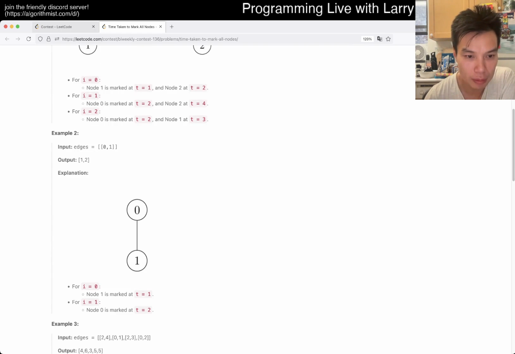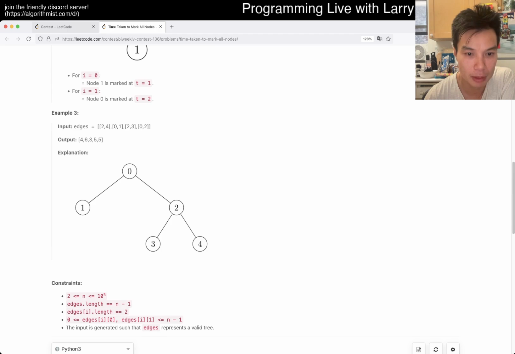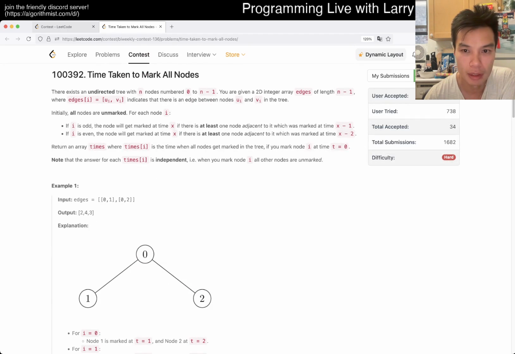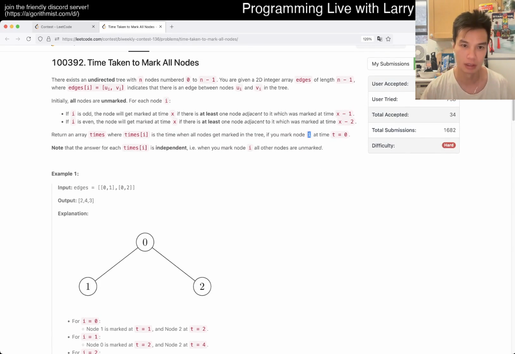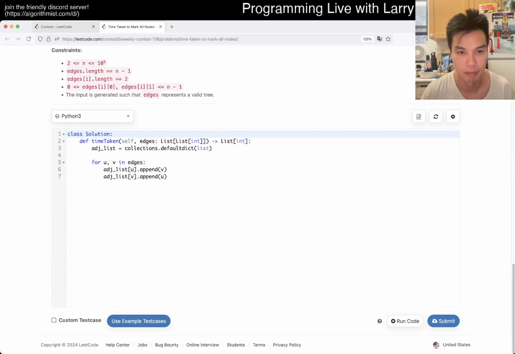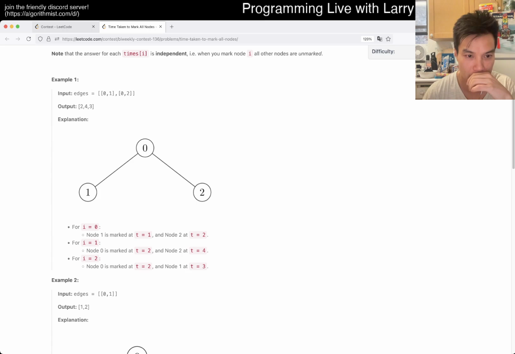Alright, I mean, this seems like just DP. Wait, maybe? What is the output again? Is the time when all nodes are marked, if you mark node I, not just 0. Okay. So basically when everything is done, right? So it's y00, so it'll be 2, okay. Y is equal to 1.